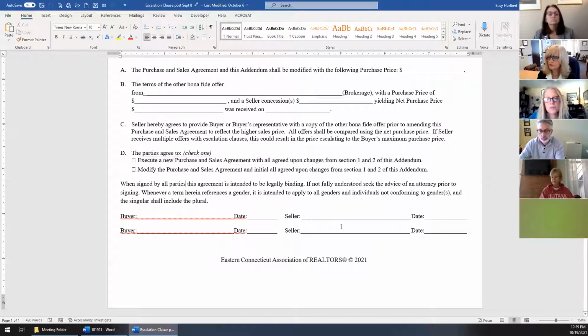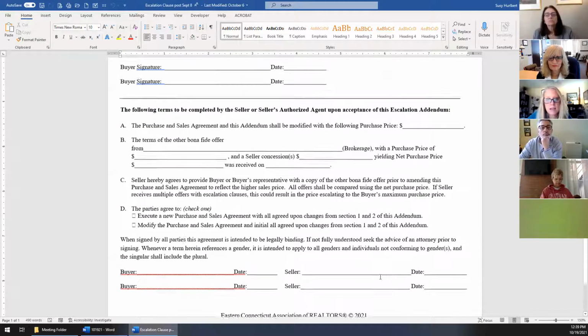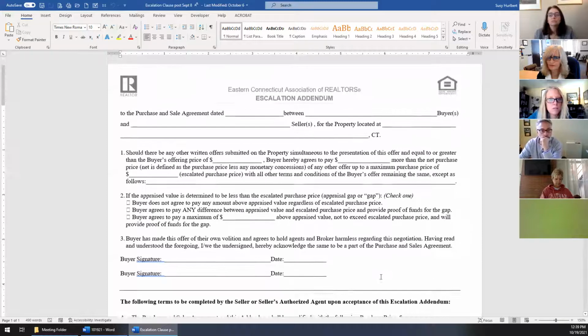Once this is signed by both sides, it's considered legally binding, and of course that's up to interpretation, and people should seek advice of their attorney before they sign any document, which we believe was a good idea to throw on here too. So that concludes the escalation clause.